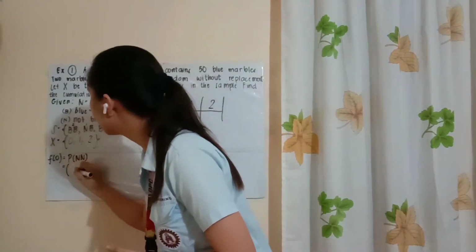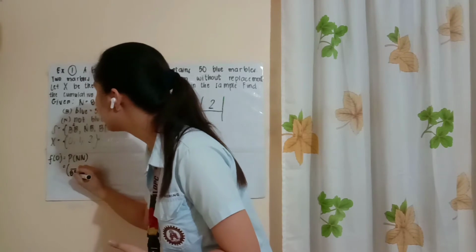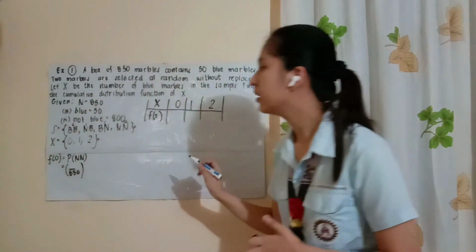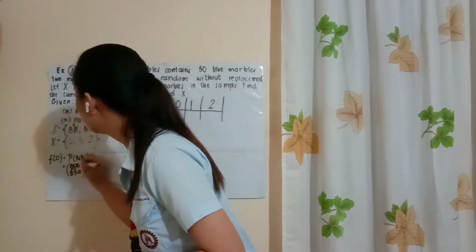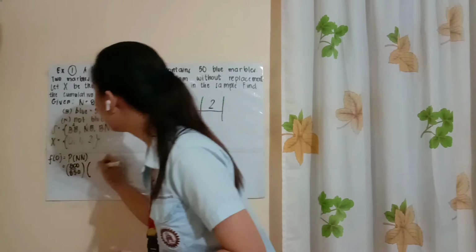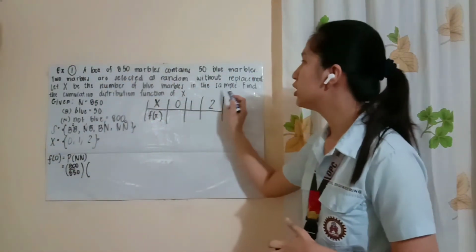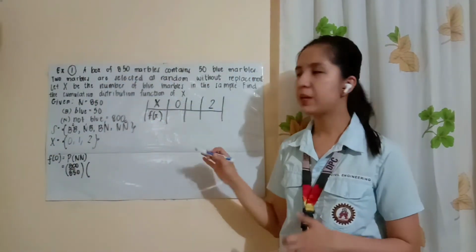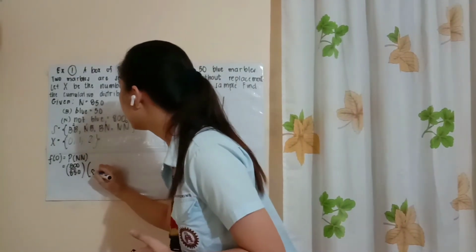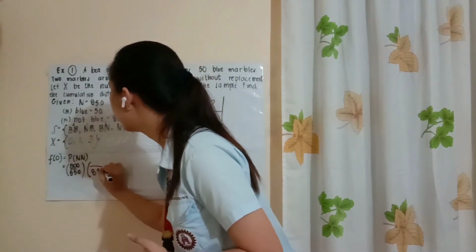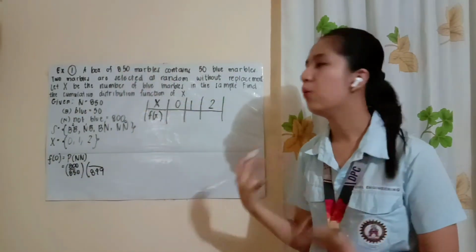So, first, lagay natin yung total number of events, which is 850. So, ilan ba yung not blue natin? We have 800. So, dahil sa problem na to, we have a condition which is dapat daw without replacement. So, kung kumuha na tayo ng isa, magiging 849 na lang yung total number of marbles natin sa susunod na kuha natin.